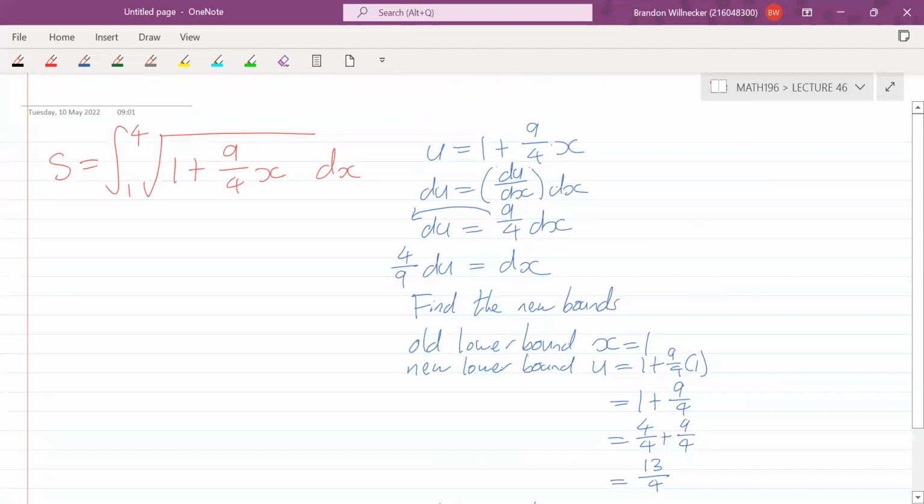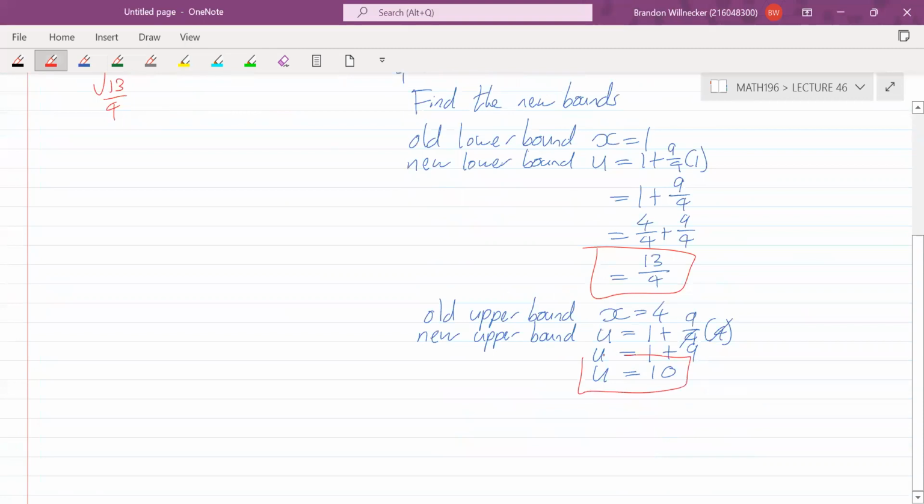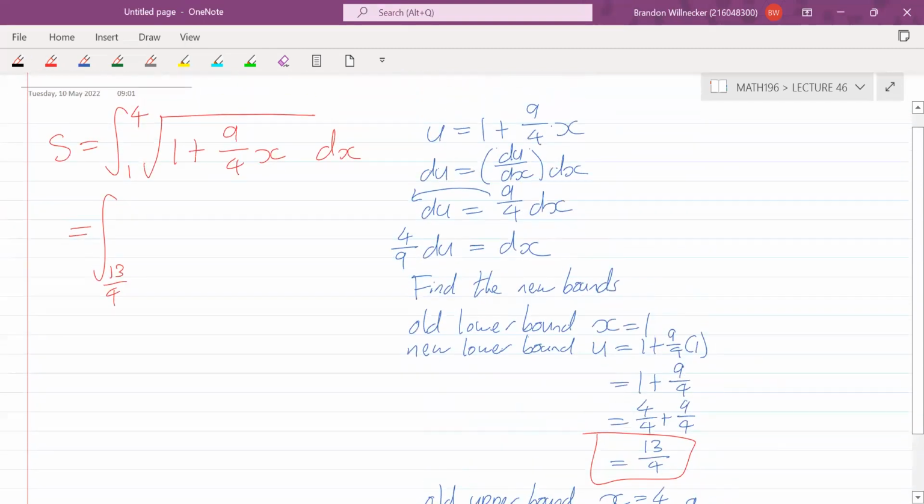So let's substitute that in. So this is going to be the integral from the new lower bound. That's going to be 13 over 4. Okay, we work that out over here. The new upper bound, that's going to be 10. We work that out over there. Okay, 1 plus 9 over 4x, that's going to be replaced by u.